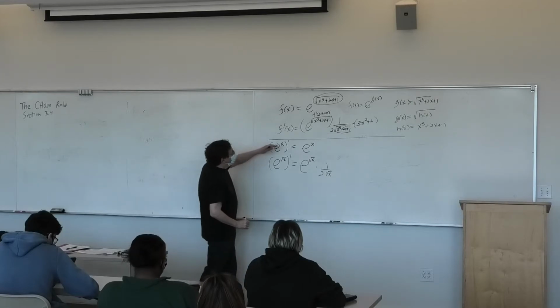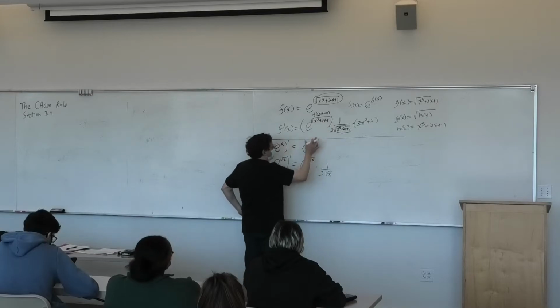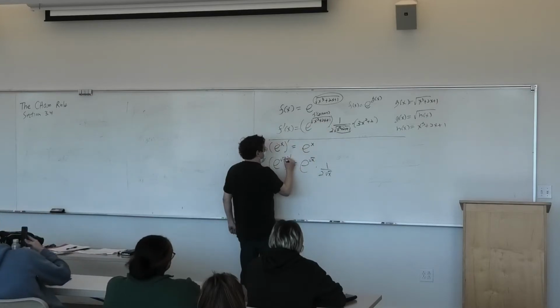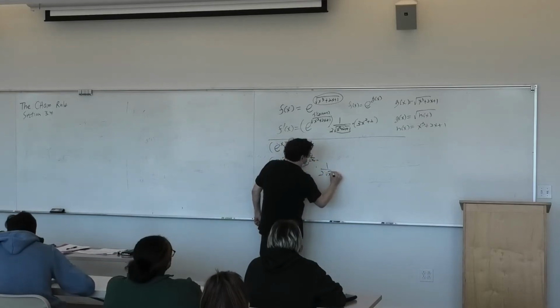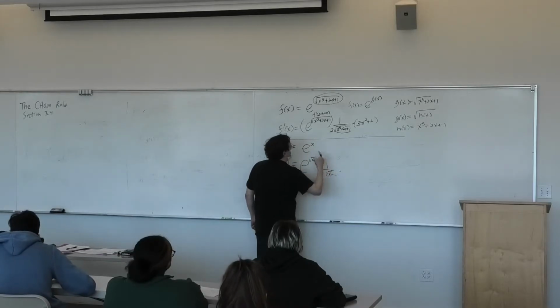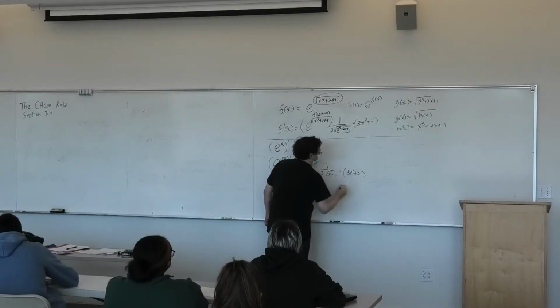And then the last step is just this one. Instead of x, we have this ugly thing, and we just have to finish it off by putting in 3x squared plus 2.